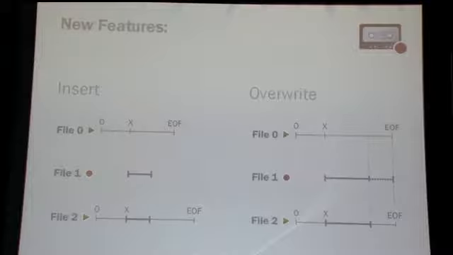Insert mode and overwrite, well, that's a different thing. Basically, what we do is in insert mode, while they're in playback, because they can actually rewind, and the rewind time is also configurable, and that's being retrieved from the database at the beginning of the session. And once they get to a certain point, they may hit insert, and what we do is we create an entire new file, and we start recording that new file.